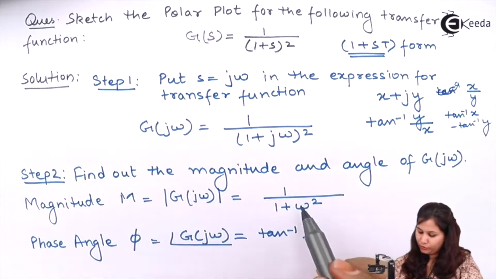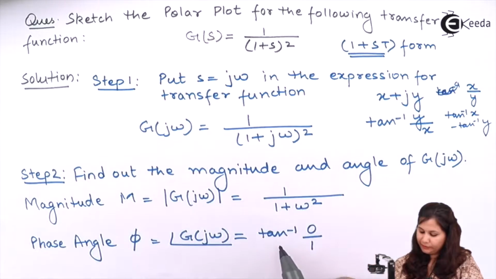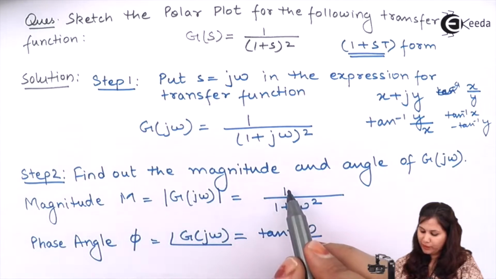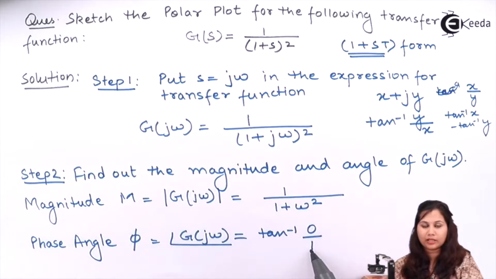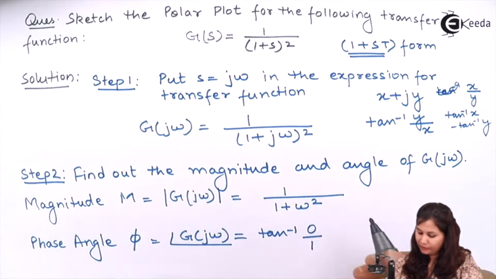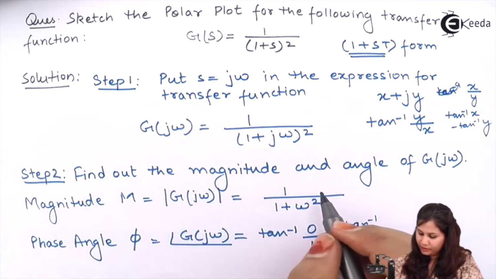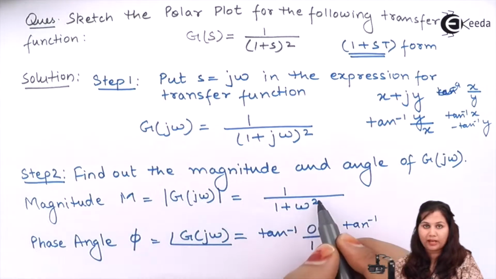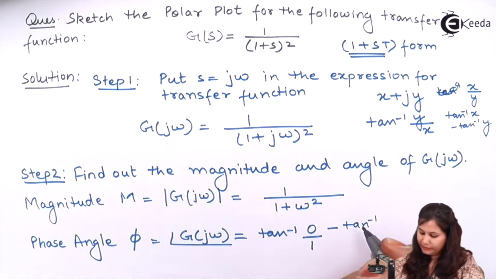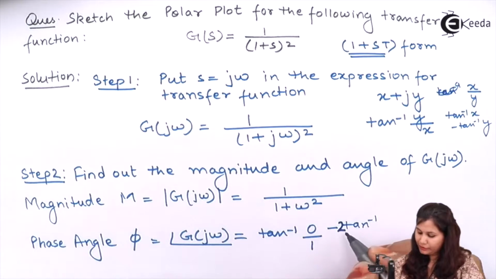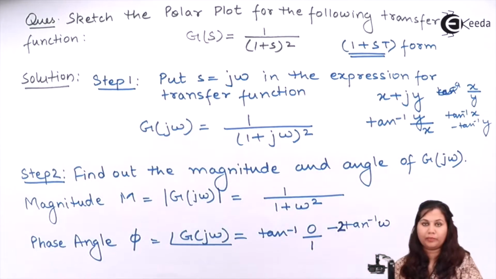So the numerator phase angle will be tan inverse of 0 by 1, where the imaginary part is 0 and the real part is 1, minus, since we have (1 plus j omega) whole square, minus 2 tan inverse of omega. The 2 will come up before this.